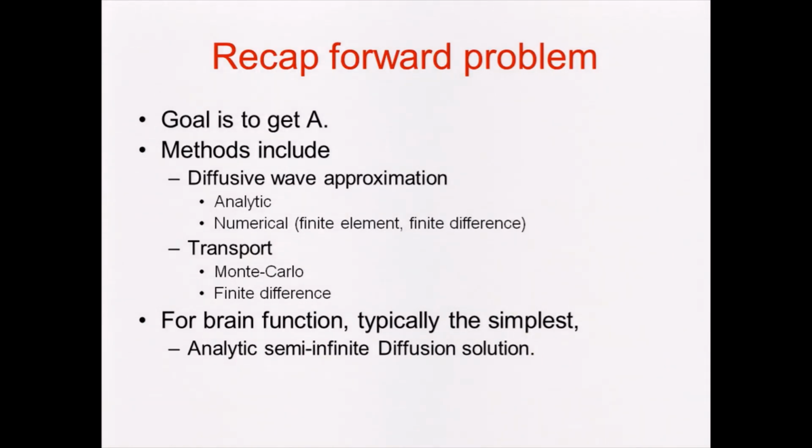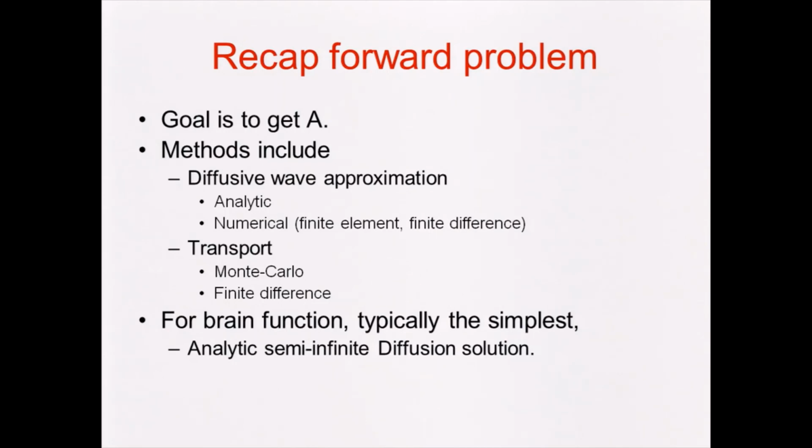Okay, so I'll conclude with a quick recap. The forward problem in terms of doing diffuse optical tomography, the whole goal is to get this sensitivity matrix. The methods include using the diffuse wave approximation or numerical solutions to that, or you can do more complicated transport models.